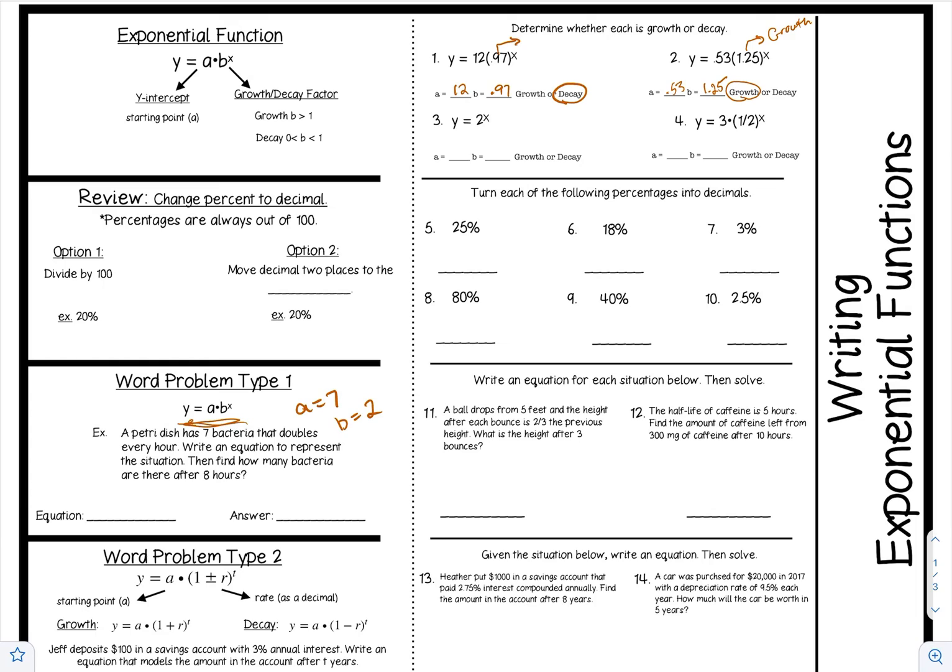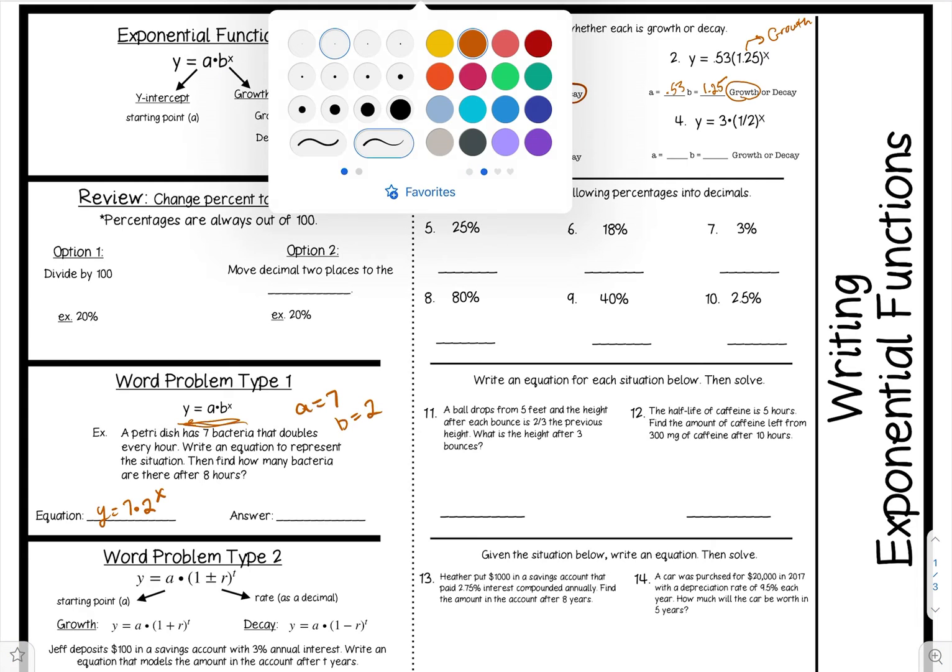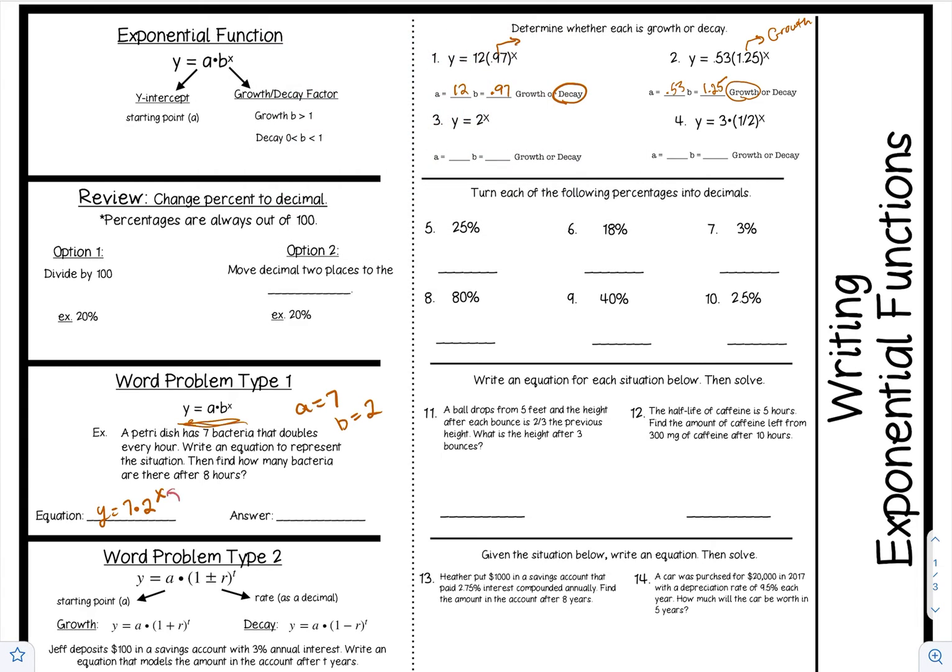With this information, we can write an equation: y equals 7 times 2 to the x. So that when we're asked to find how many bacteria there are after 8 hours, all we have to do is plug in 8 for x and then simplify using a calculator.